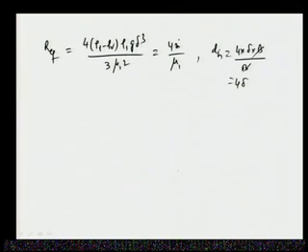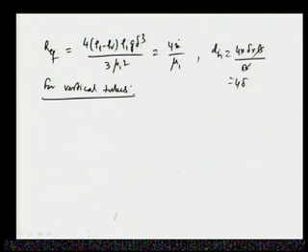Or in some cases we may not like to cancel out this way. We may like to put the Reynolds number in terms of perimeter. So, for example, for vertical tubes the perimeter P is equal to pi into d, diameter of this.